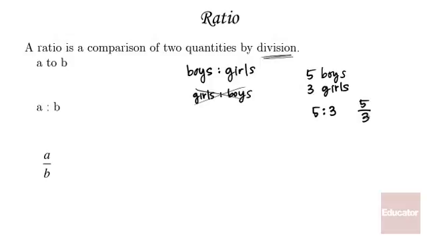Now if I ask you what is the ratio of girls to boys, then you would have to give me this number first, the number of girls to the number of boys. So you always have to write out the ratio in the order that it was asked for. So A to B, A colon B, and A over B as a fraction. And this is called a ratio.